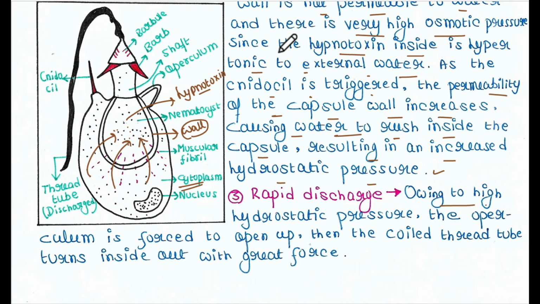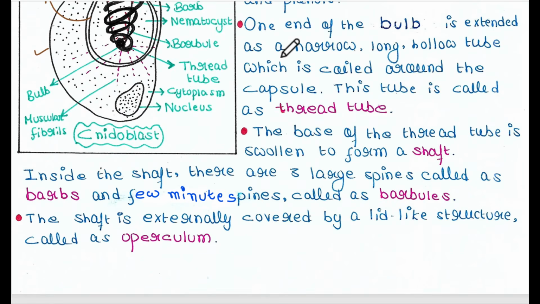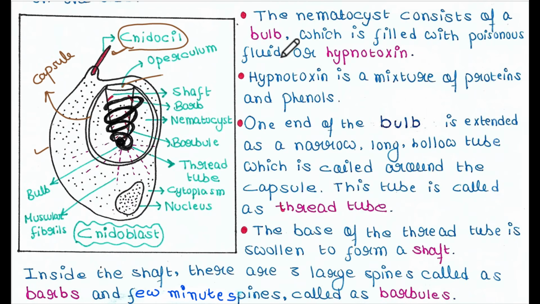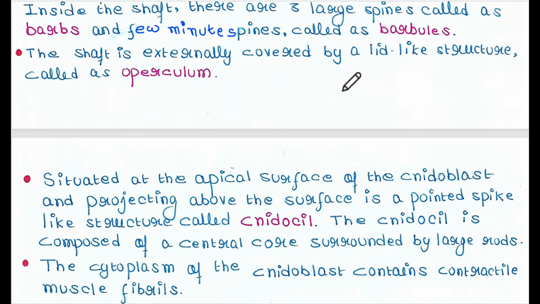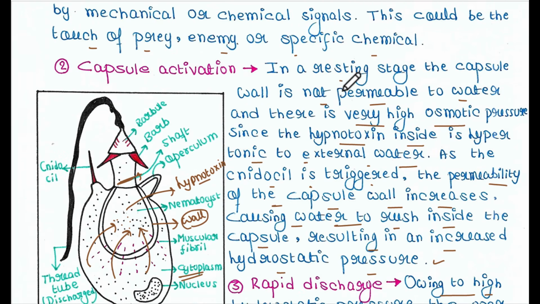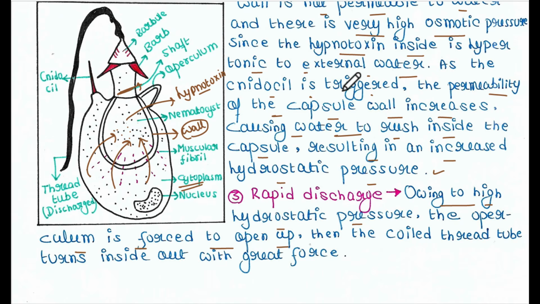Owing to the high hydrostatic pressure, the operculum is forced to open up. So here is the operculum structure. It was closed during normal time, right? This is closed. Now, due to the high osmotic pressure inside the capsule, this operculum is pushed toward the upper side and then opens up.